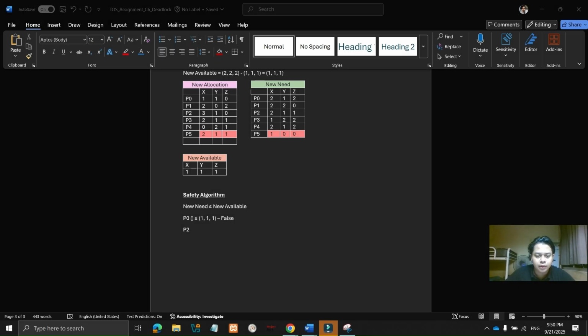Okay, now start with the safety algorithm with the new need table. So the need of P0 is 2 1 2, which is false. Then P1 2 0 0, which is also false. Then P2 is 2 1 1, which is also false.